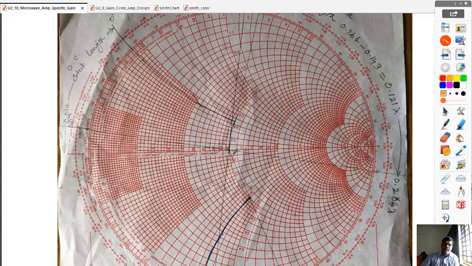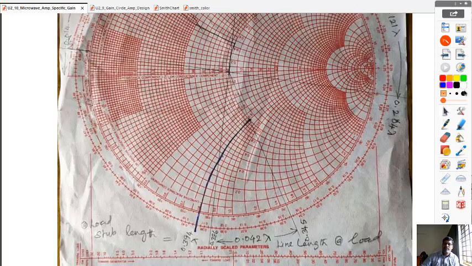Now you draw a straight line passing through this point, the point at which we left the unit circle. This will cross the wavelengths towards generator scale at 0.345 lambda.